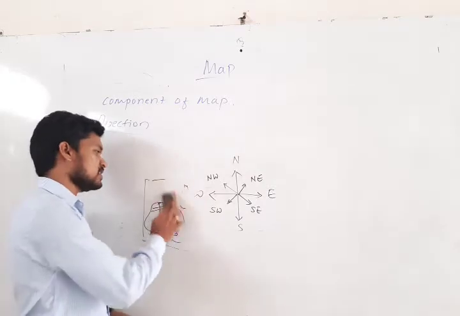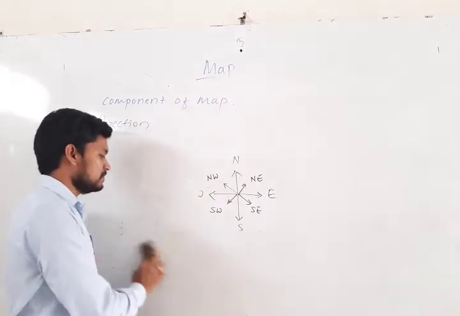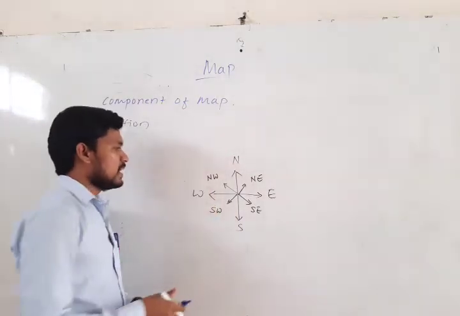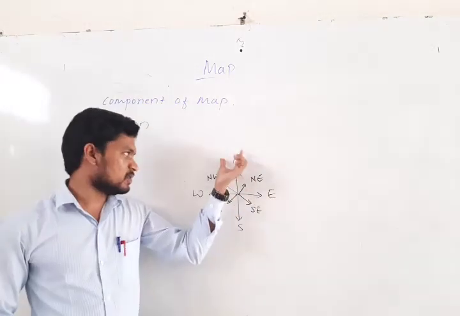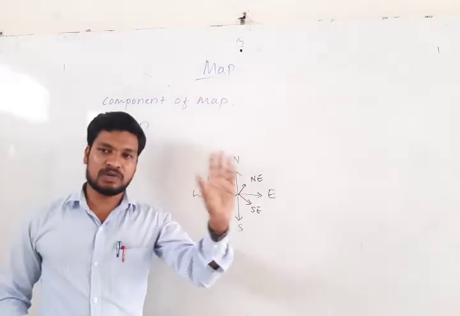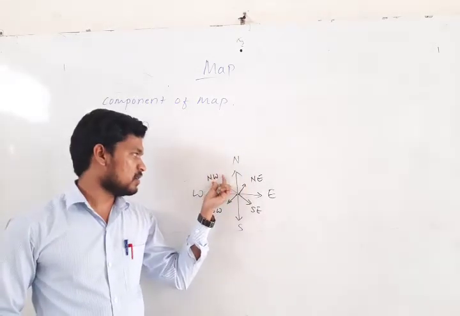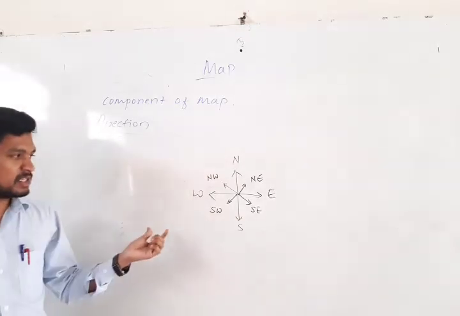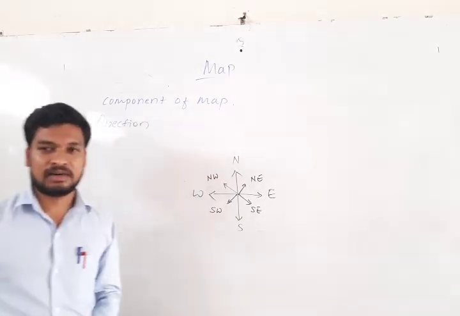These directions are calculated carefully, and we have two important kinds of directions. One is north, south, east, west as the cardinal directions, and northwest, northeast, southwest, southeast, which are the sub-cardinal directions.